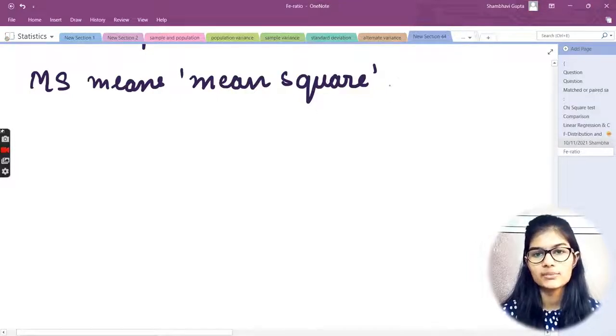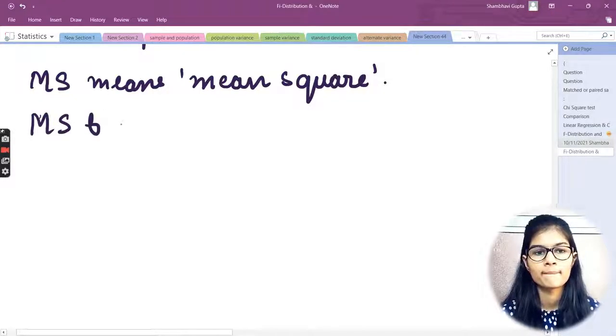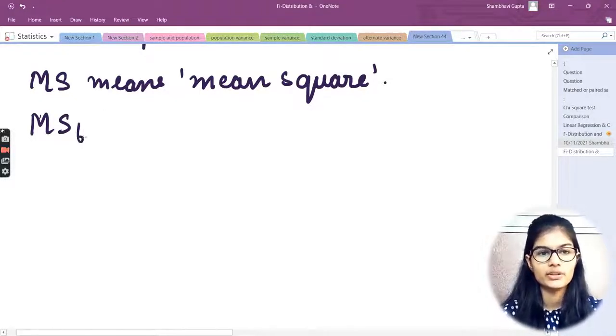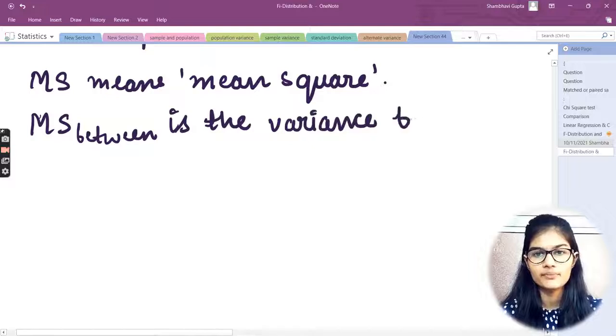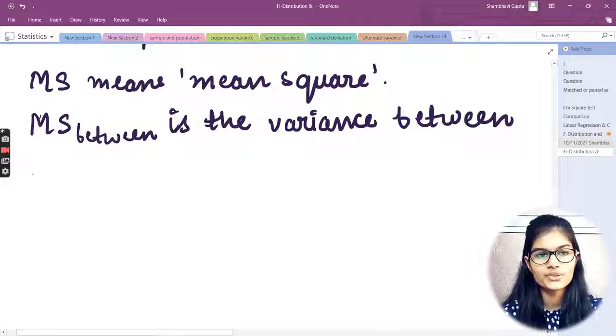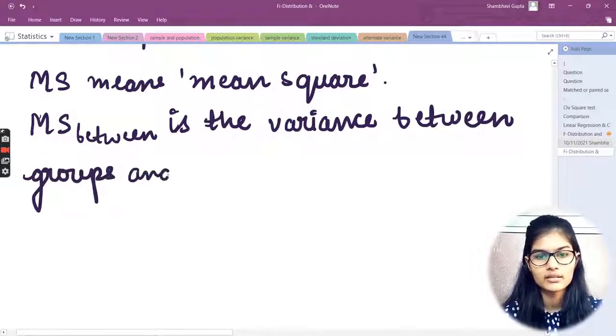Now what is MS between? I would just write that out as well. So MS between, one second. So here goes the between in the denominator, right? MS between is the variance between groups, and MS within, here goes the within.